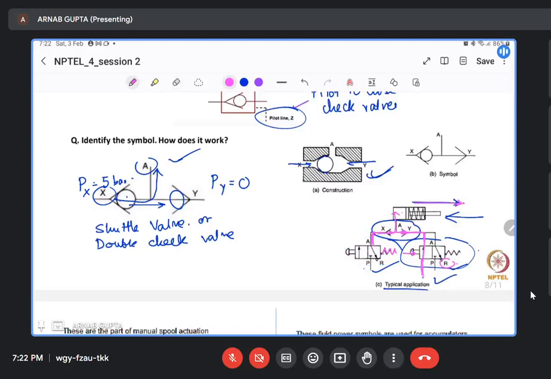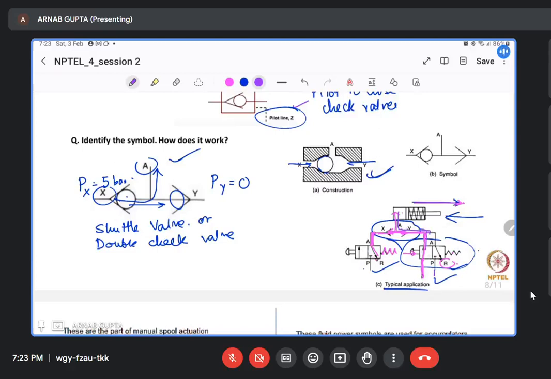So now the flow is happening from here, and the valve will be pushed here. Since this is the return line, it allows the liquid to flow like this. Sorry, this is not helping in retraction. Rather, this helps the flow to happen from this particular side of the cylinder.